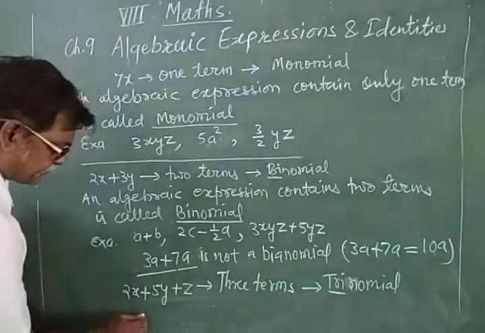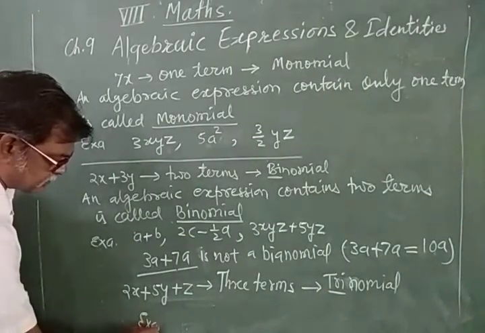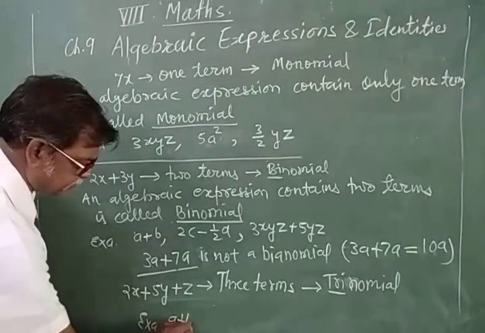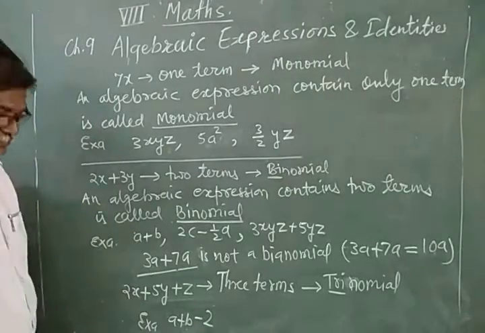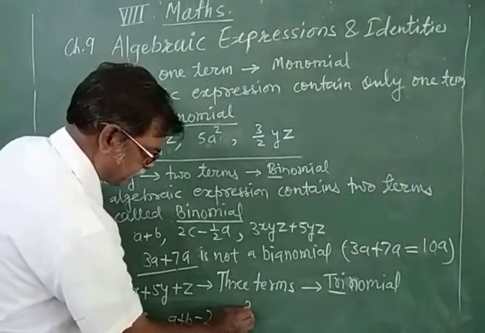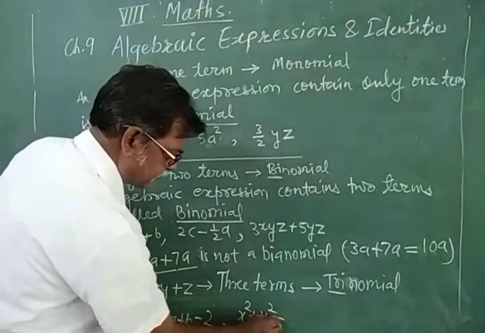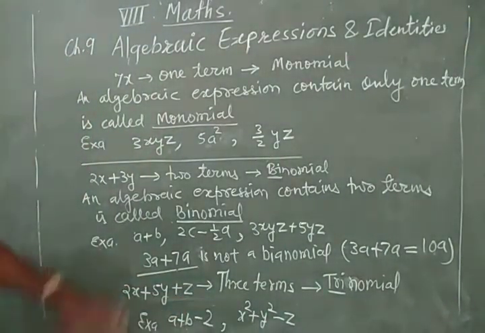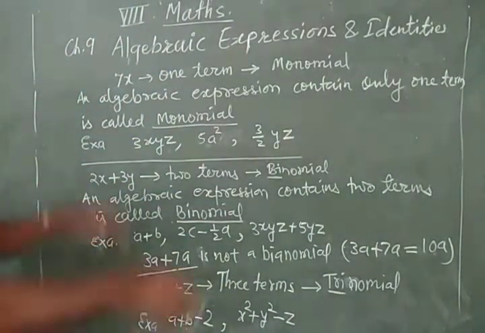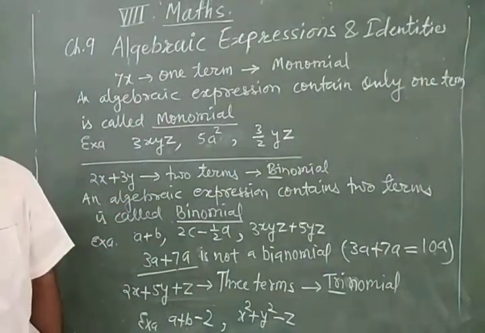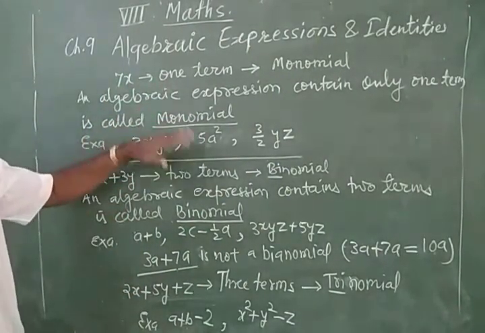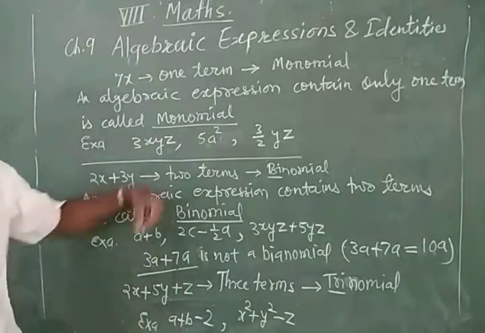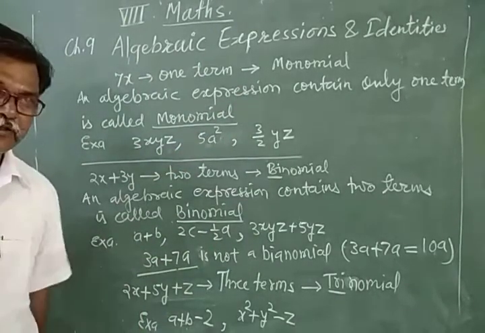So its example: a plus b minus 2, x square plus y square minus z. All these are the trinomials, and in general they are called as polynomials. Monomial is polynomial, binomial is polynomial, and trinomial is also polynomial.